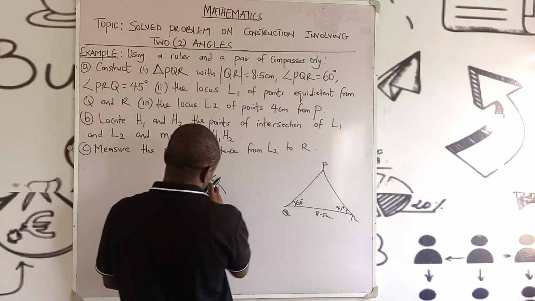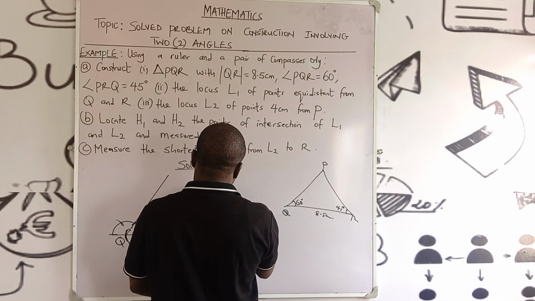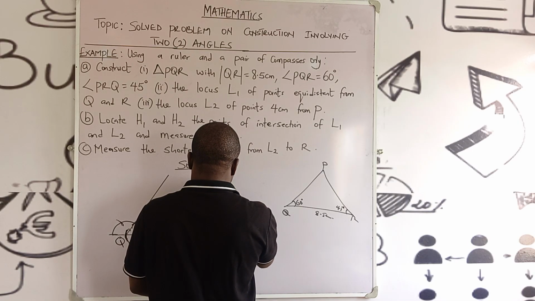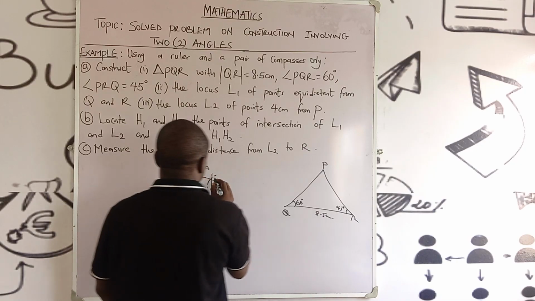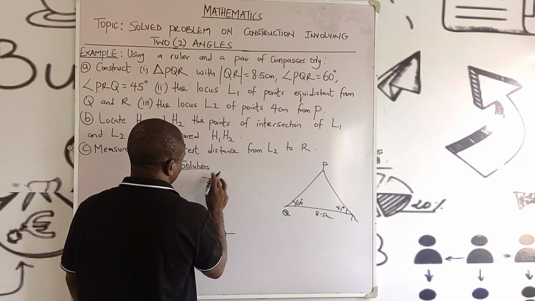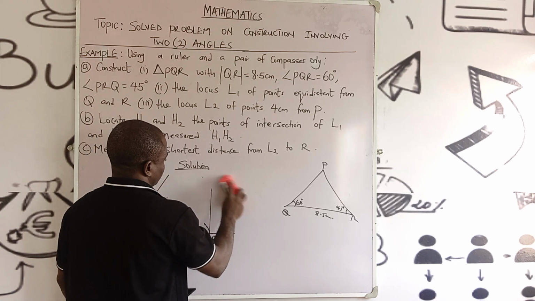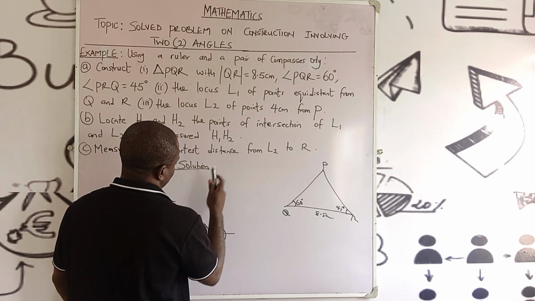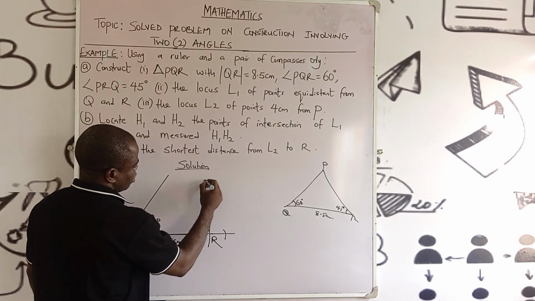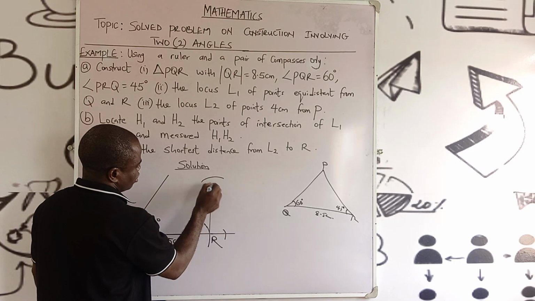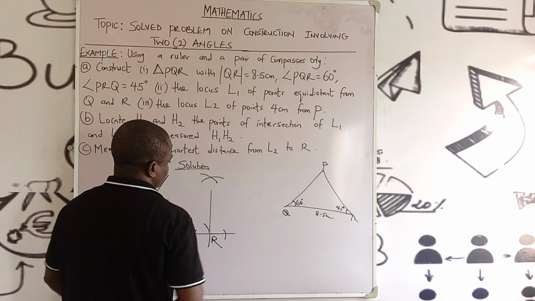When you bisect, join the points together with this line. Okay. This point of bisection. Bring it here, bisect, bring it here, bisect. This is just a sketch.